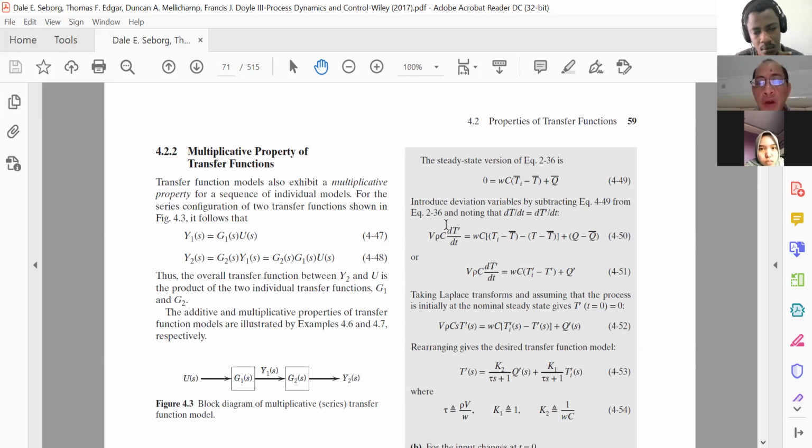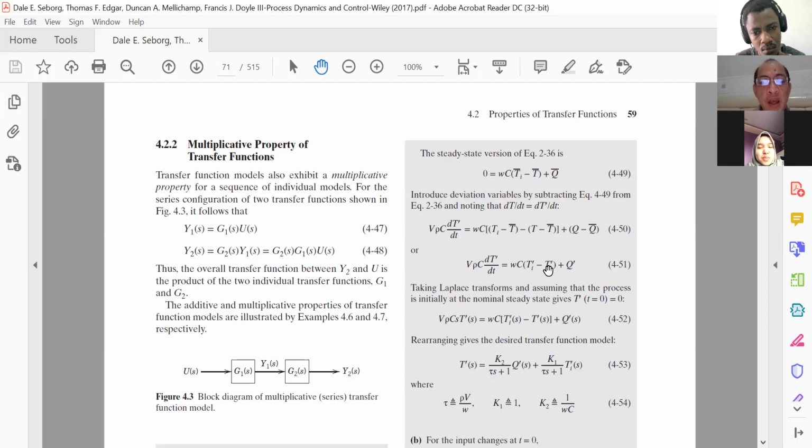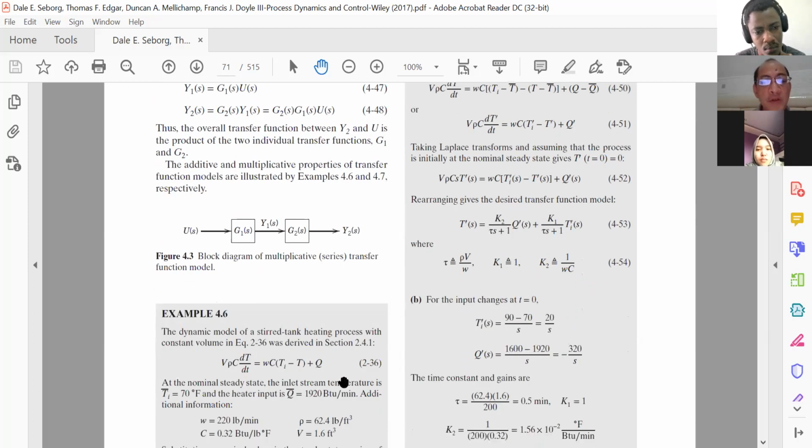Then introduce deviation variables by subtracting equation 4.49 from equation 2.36, and noting that dT/dt equals dT prime/dt, and you will get this one, almost the same as equation 2.36, except that equation 4.51 is in deviation variables, while equation 2.36 is in the real variables.